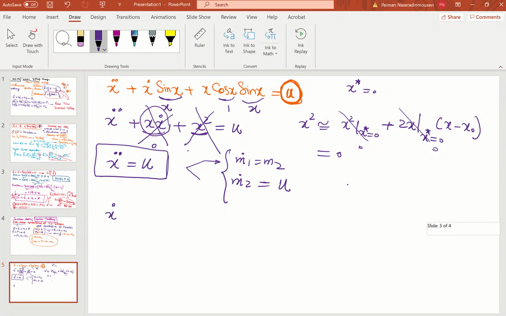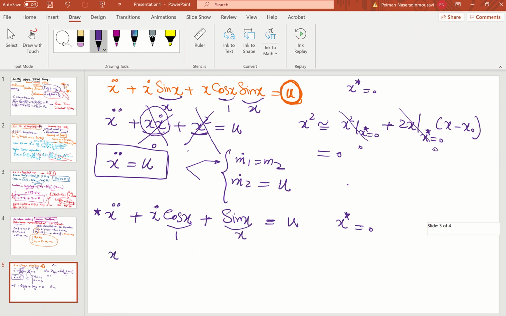So you say x double dot plus x dot cosine of x plus sine of x is equal to U. This is another example. Now using the Taylor series expansion, by assuming that the current point is 0, the cosine becomes 1 and the sine becomes x.